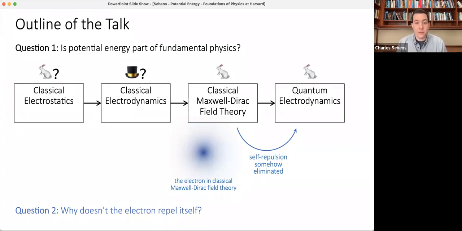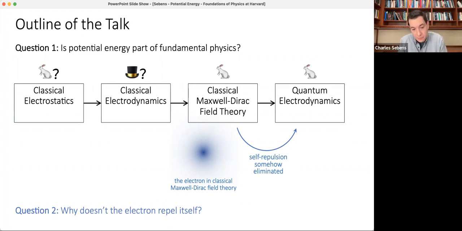So if you take the classical Dirac field to represent matter, then the way you would represent an electron is as a spread out distribution of charge and energy. Well, if it's a spread out kind of thing, then you'd expect the different parts of the electron to repel one another.